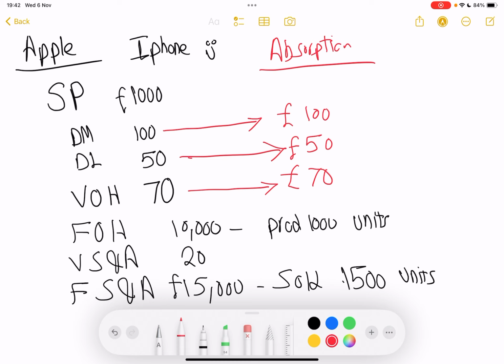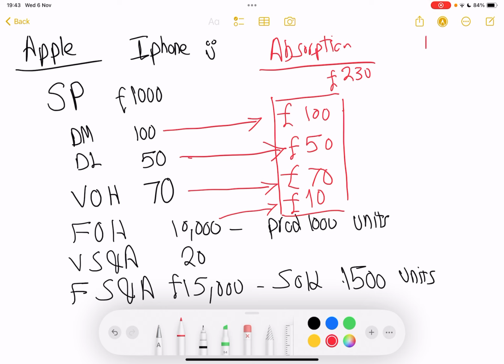If you divide the 10,000 over 1,000, it's going to be £10 for this item. So under absorption, the unit product cost would be, in this case, let me calculate. 230, if I'm not wrong in my calculation.